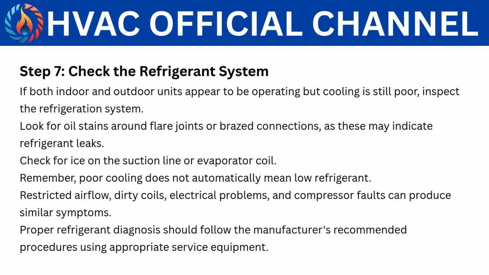Check for ice on the suction line or evaporator coil. Remember, poor cooling does not automatically mean low refrigerant. Restricted airflow, dirty coils, electrical problems, and compressor faults can produce similar symptoms. Proper refrigerant diagnosis should follow the manufacturer's recommended procedures, using appropriate service equipment.